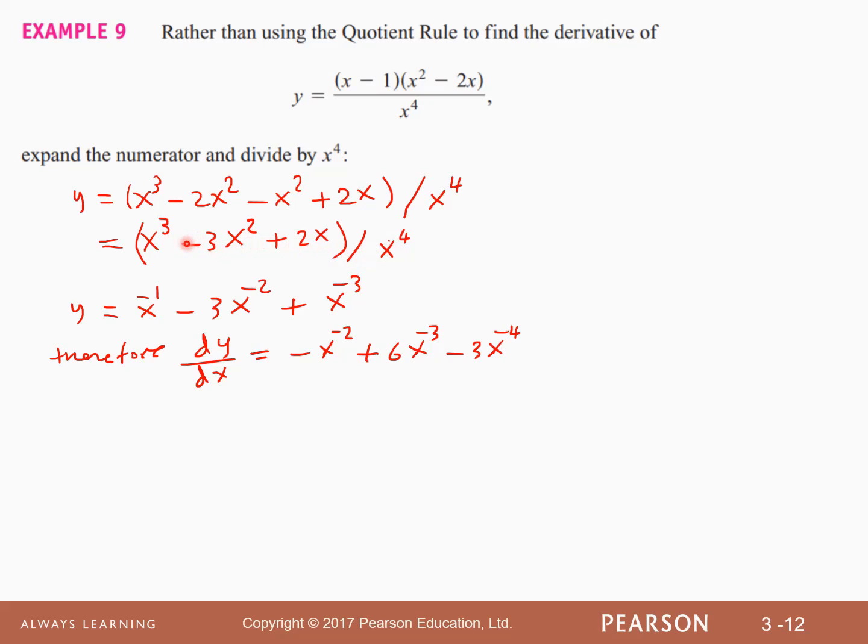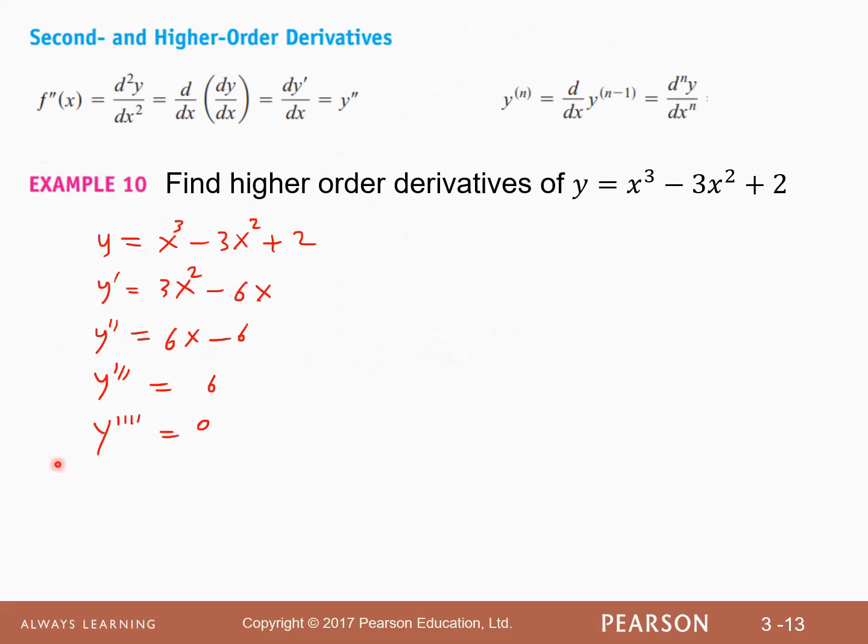So the first term will give us x to the power negative 1 minus 3x to the power negative 2 plus x to the power negative 3. Therefore, the derivative dy by dx is equal to negative x to the power negative 2 plus 6x to the power negative 3 minus 3x to the power.